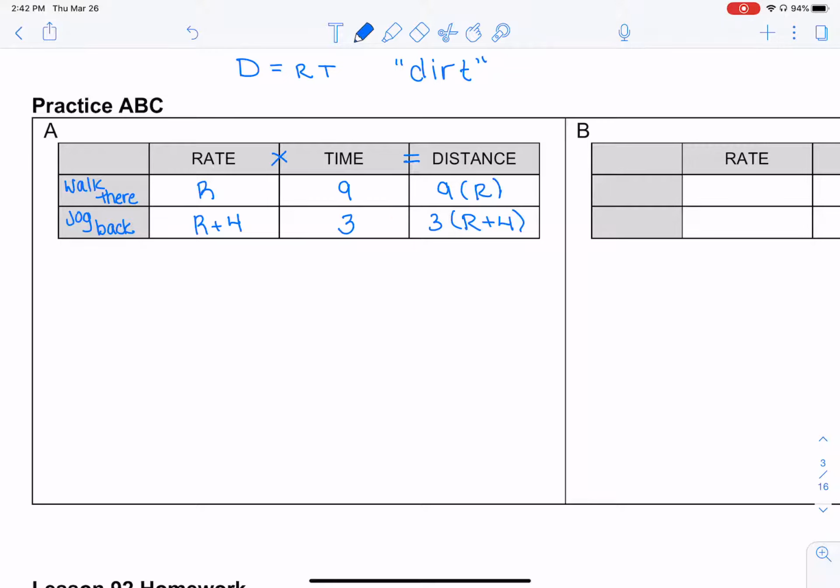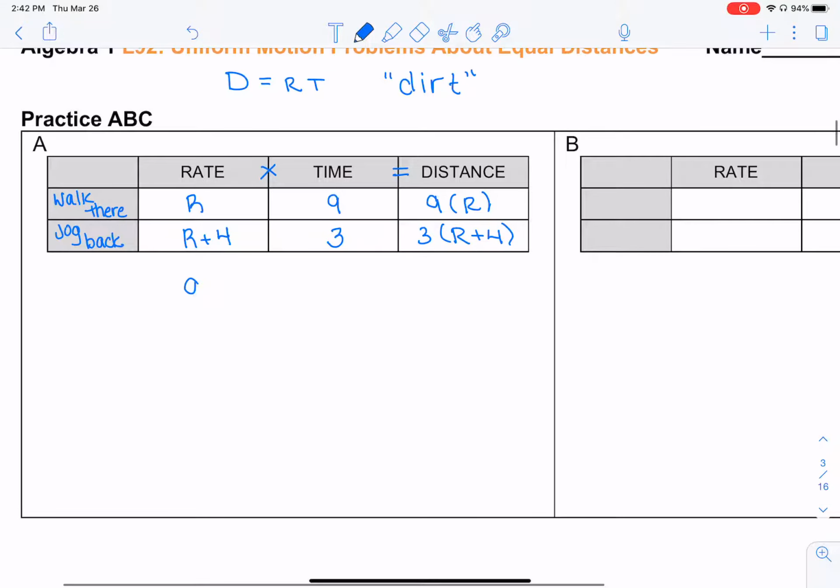Then you're going to double check in this equation that they both had the same distance. Well, if we walk there and jog back, that distance there and that distance back are going to be equal to each other. So I take my first distance, 9r, and set it equal to my jog back distance, 3 times r plus 4. Okay, so I'm setting the distances equal to each other.